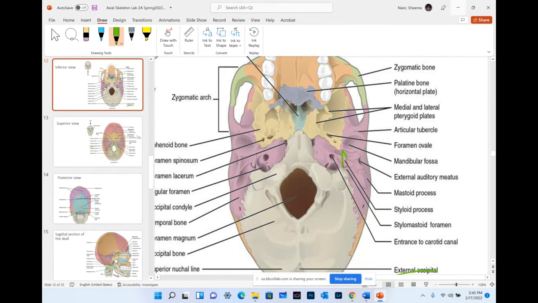So this right here is the styloid process. This right here is the mastoid process. And between the two, this hole right here, that is called stylomastoid foramen. It's a very tiny hole, and it is present between the styloid process and the mastoid process. And that's how it picks the name stylomastoid foramen. Okay.